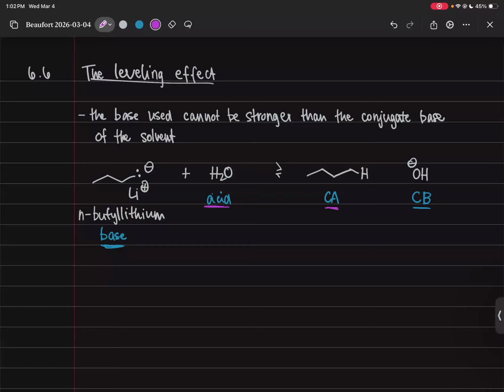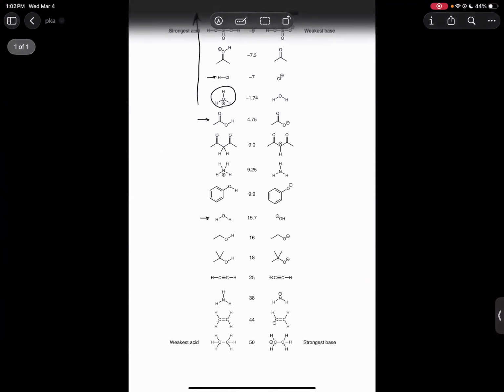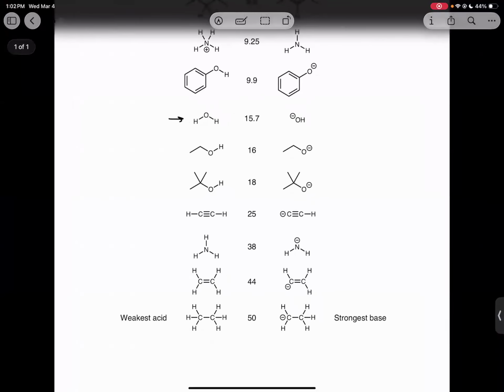So why don't we actually look at the pKa's of the acids? The pKa of water is 15.7. What about the pKa of butane? Well, we have an alkane down here at the bottom. This one in particular is ethane, pretty similar.